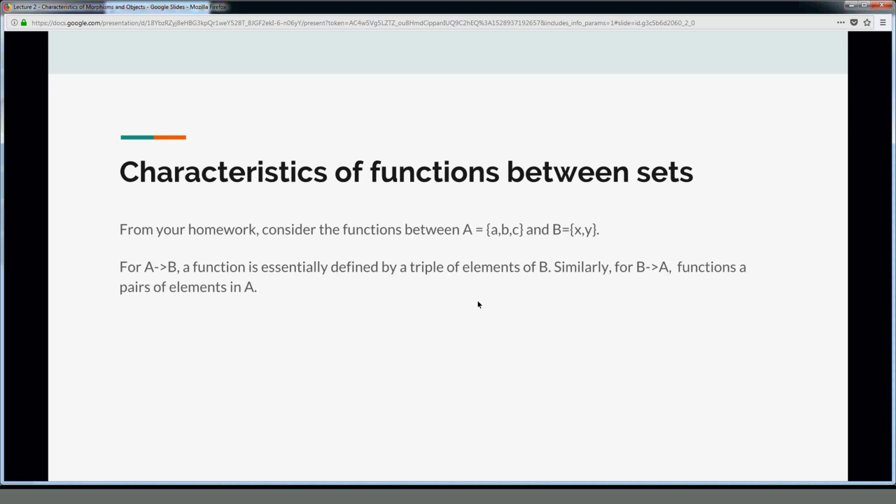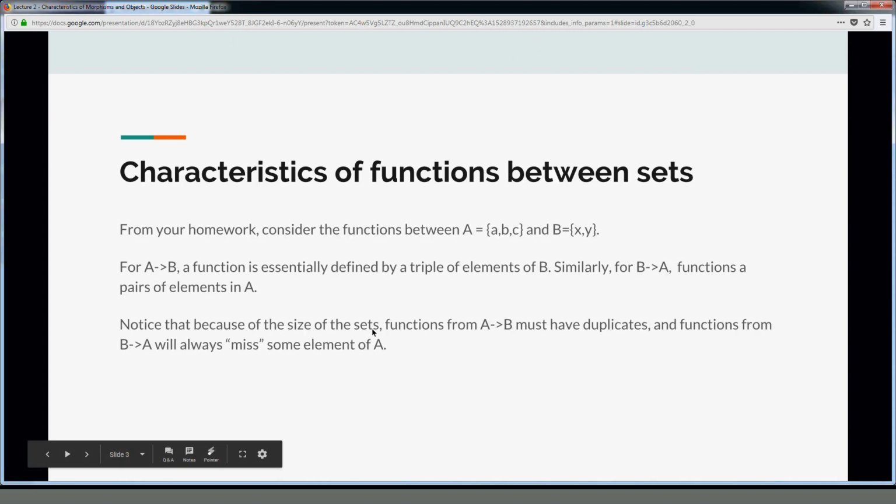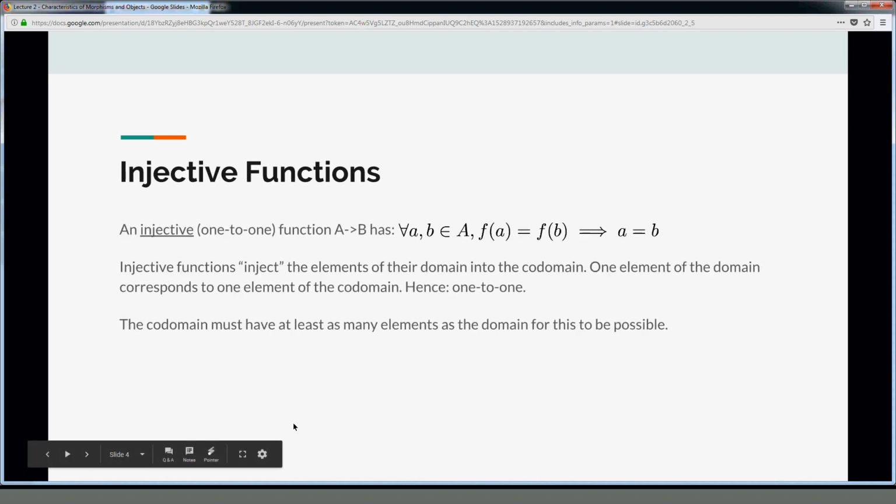Your function will map A to some element in B, B to some element in B, and C to some element in B. So you can represent that as an ordered triple of elements in B. And similarly, if you're going in the reverse, you'd have ordered pairs of elements in A. Now, as we saw, if the sets are different sizes, then if you're going from a larger set to a smaller set, you're going to have duplicates, and if you're going from a smaller set to a larger set, you're going to miss some.